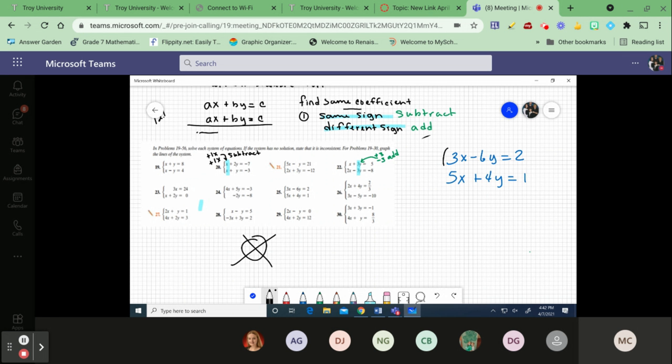So I'm going to take this entire equation, and I'm going to use this 4 and multiply everybody by that 4. And then I'm going to come down here and multiply everybody by 6.